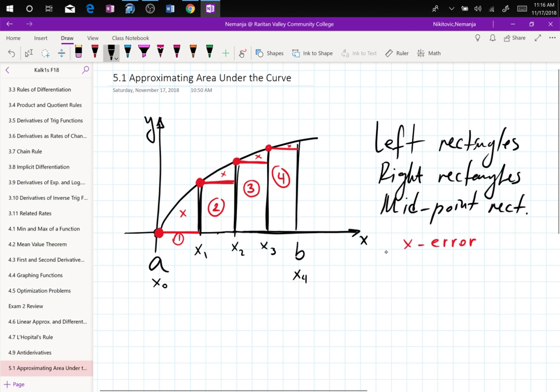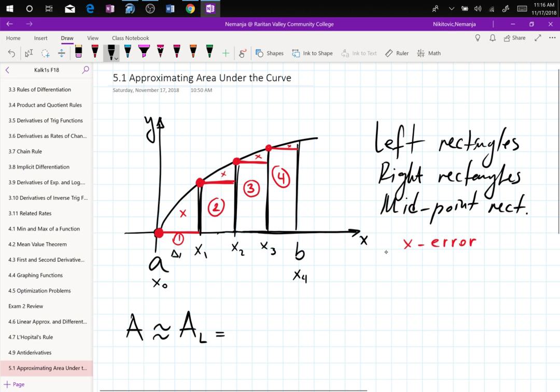And the area will be approximated with area, now since we did the left rectangles, I'll put AL. Well, first off, how much is the distance between all of these?